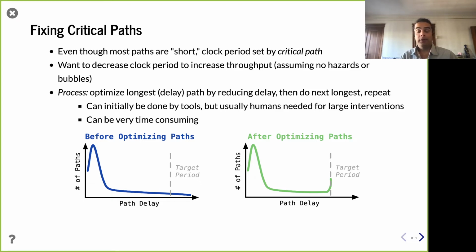Where if you now have multiple instructions in flight, certain things can happen. We talked about the data hazard, one instruction producing data everyone needs. And so there are some of these things that emerge when you're fixing these critical paths. You're going to run into things like hazards, right? And so some of these critical paths are going to be very hard to fix, right? Because by putting a register in there to try and shorten it, you're going to invite other challenges, right?